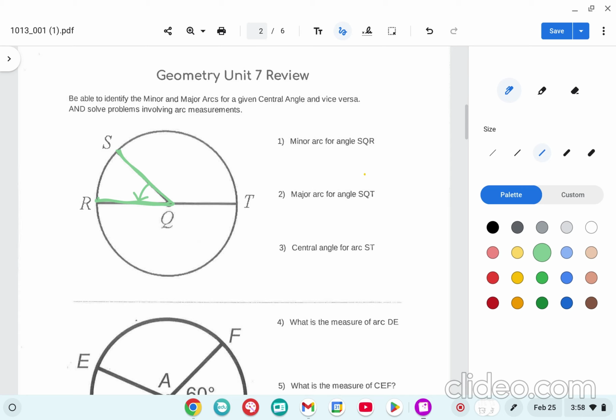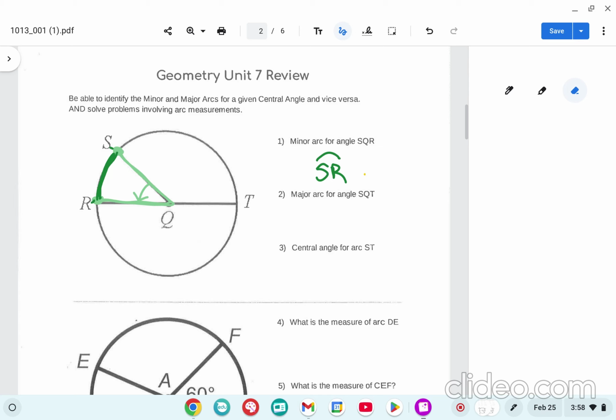And then looking outside of that, we see on the edge of the circle, we have this arc SR. That is the minor arc because it is the arc that connects points S and point R directly, and we name it using 2 letters with a curved line above the 2 letters showing that that is an arc. Minor arcs are always named with just 2 letters. You also notice that S and R were also the letters that were part of the name of the angle. They were the 2 arms of the angle, so you can use that to your advantage.